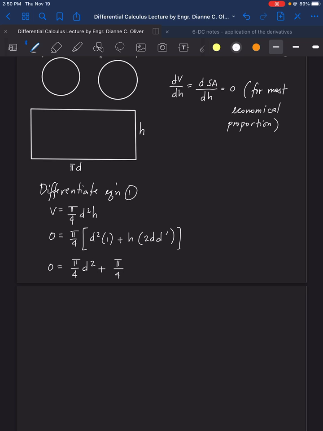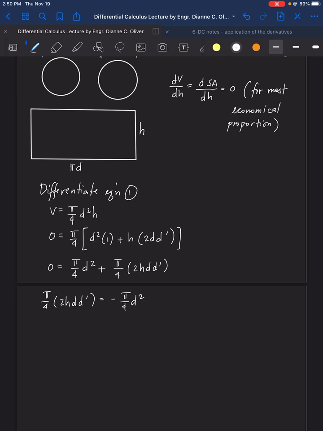Pi over 4 times 2 h d prime equals negative pi over 4 d squared.